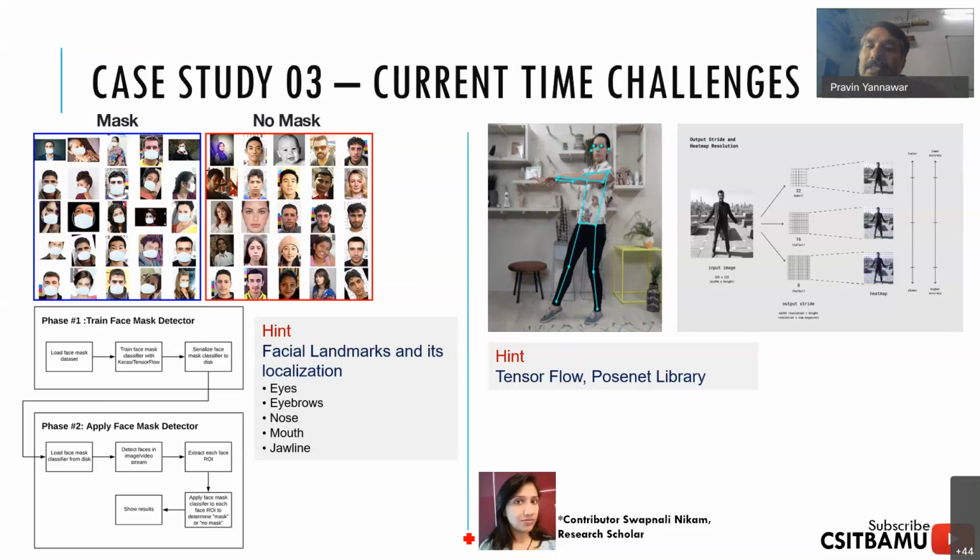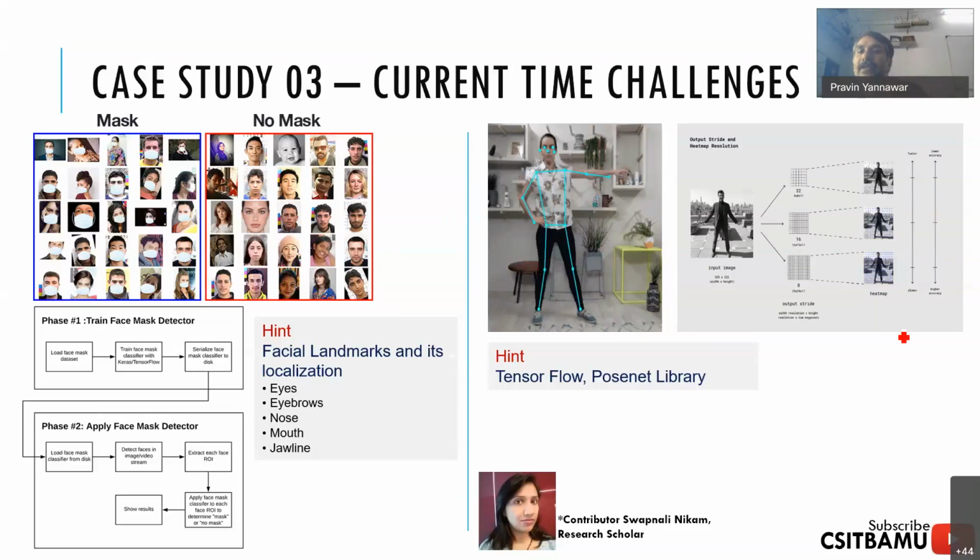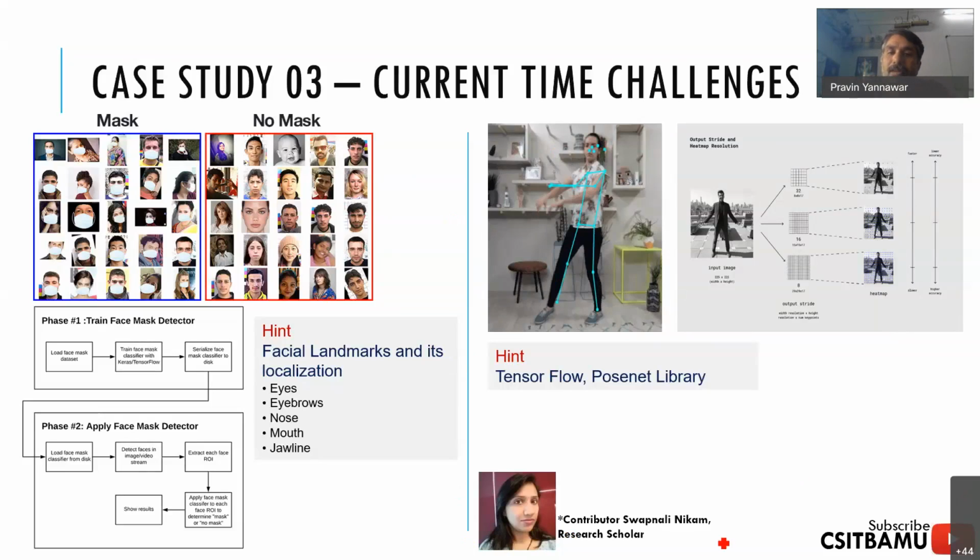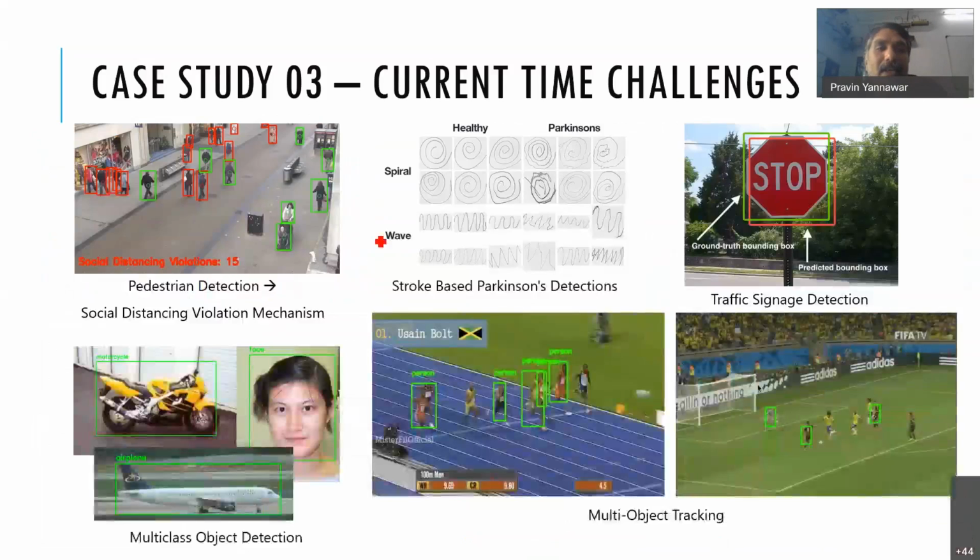This particular work is available. The PoseNet hint which I have given is already available in the PoseNet library. You can go for that library and see how many poses are available there or not. Okay, so depending upon that, we are converting it in another way in our research, and one of my research students is working on this particular domain.